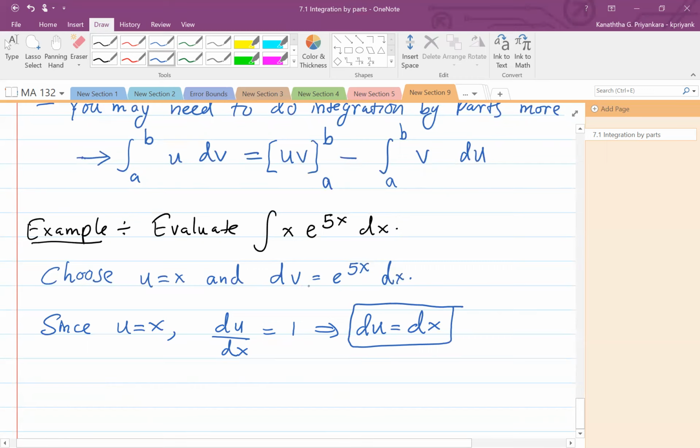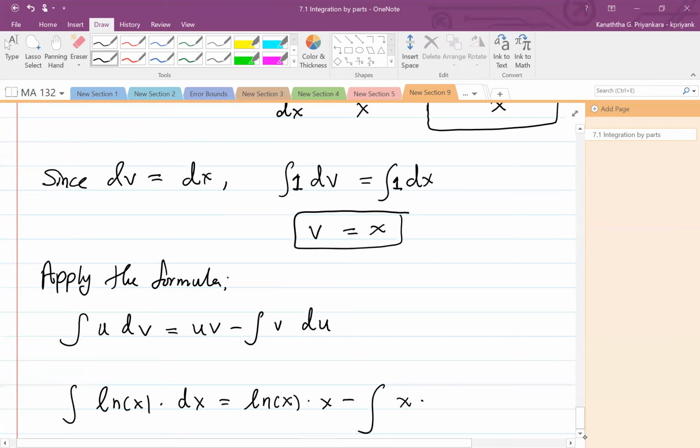In our problem, u is ln x and dv is dx. So we have u, which is ln x, times v, which is x, minus the integral of v, which is x, times du. So du is 1 over x dx.